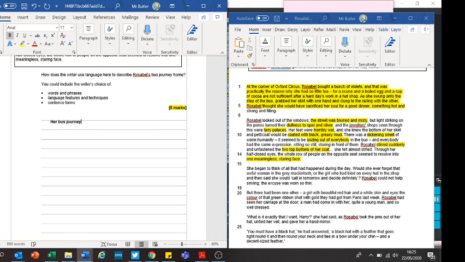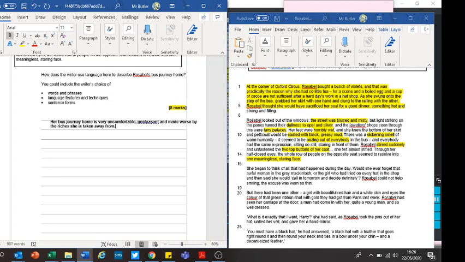Her bus journey home is very, so about my typing, it's very uncomfortable, unpleasant, which is different to uncomfortable, and made worse by the riches she is taken away from.